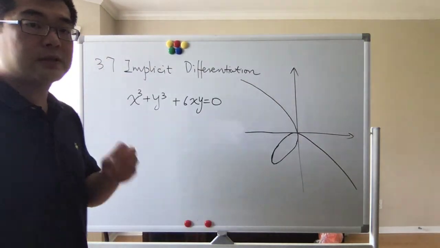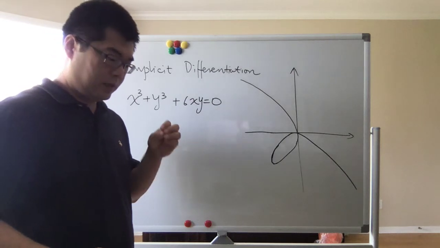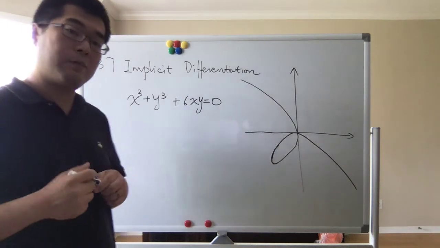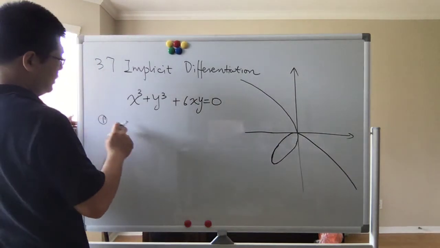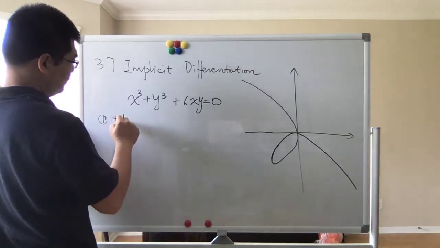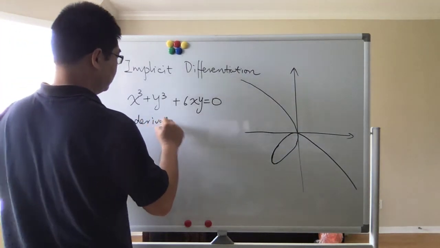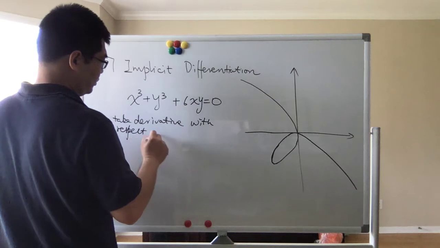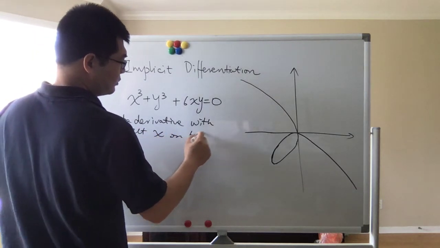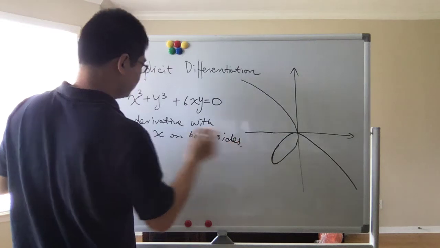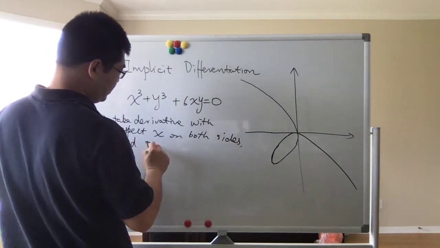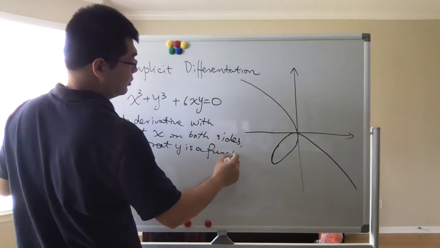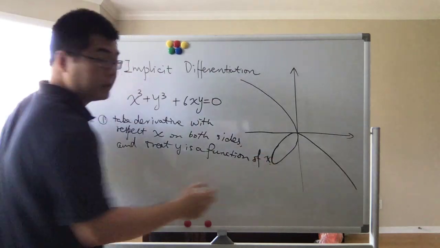And the implicit differentiation is very straightforward, okay? What it does is just two steps. Step one, you take the derivative with respect to x on both sides, and you treat y as a function of x, even though it's not, okay, guys?